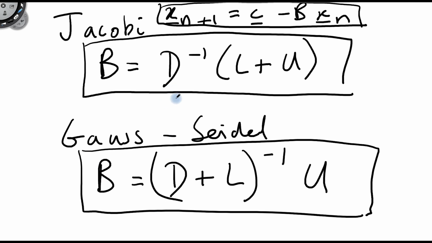Because we've decomposed our matrices into d's and L's and u's, it enables us to look at a matrix, break it up, do some calculations, and figure out whether it's going to converge or not, and how fast it's going to converge.